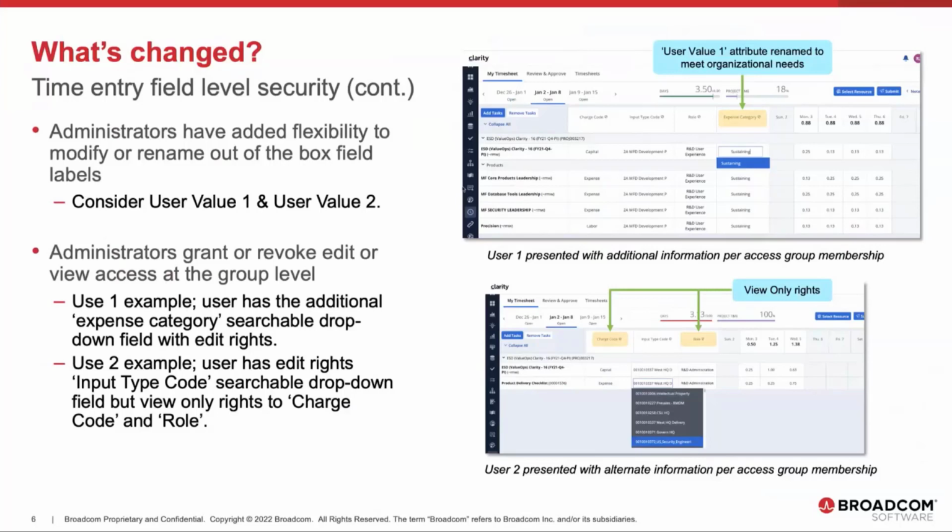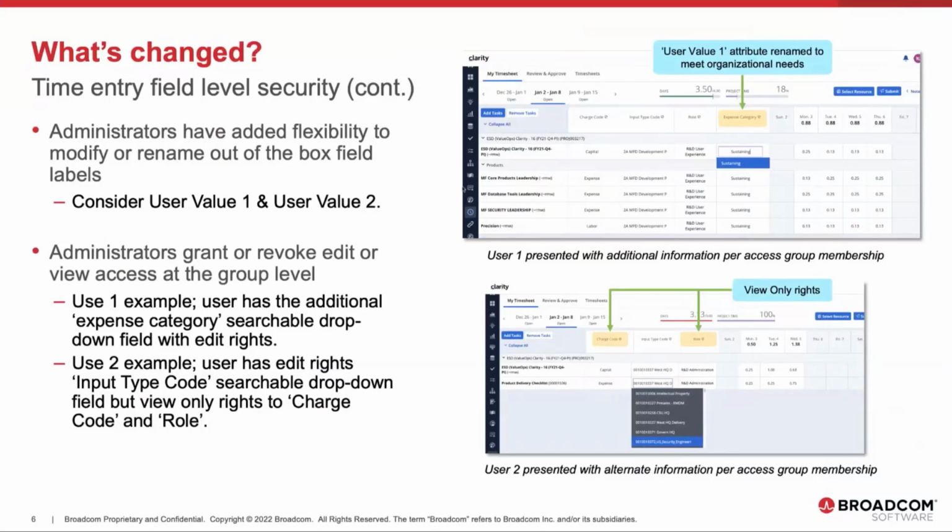So we've got examples of the naming conventions and then the edit versus view only rights that are applicable to users. For example, in the upper screen, user 1 sees that user value 1 has been renamed to expense category, and they do have edit access to the group.